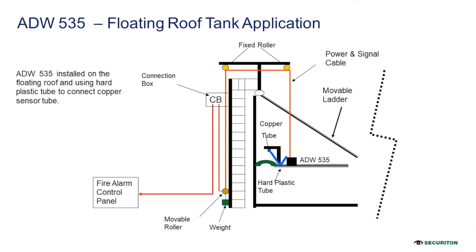Another complication that we might face here is the movable ladder as well as the movable roof. The ADWs can be on the top, and the connections from the ADW will go to the nearest station through a cable. So you need to give extra cable, power cables and signal cables, so that the cable can move freely when the rim seal roof is moving.